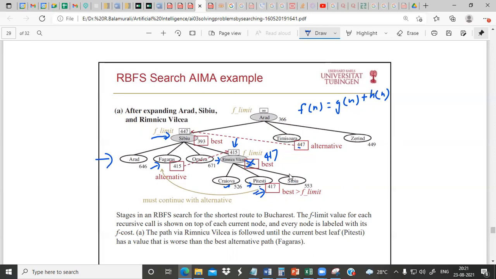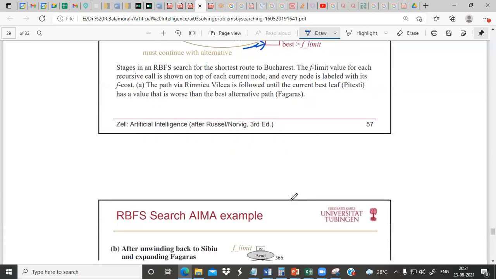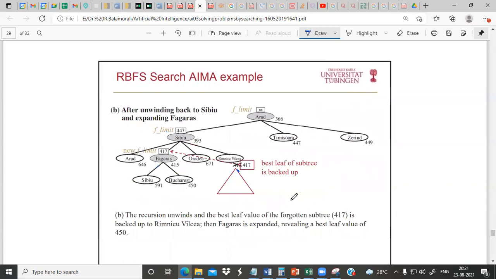Because with Pitesti, we know that it may take 417. Not at least, but it may take 417. Because we have already come down one level, and it is saying that it will take 417. So we are changing this to 417. So that is what is happening here. So this 413 has now become 417.